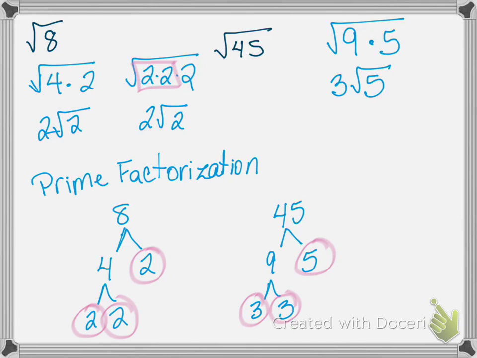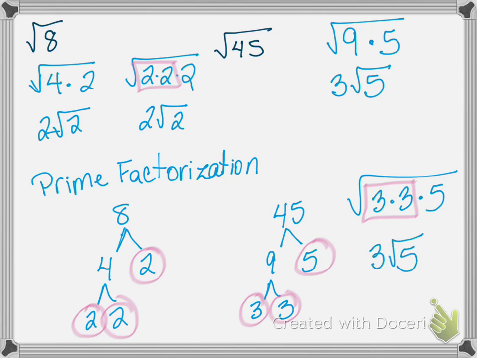So the prime factorization of this is 3 times 3 times 5, and that's inside a square root. I have a set of 3's inside the square root, so I'm going to pull 1 three out. So then I write it as 3 on the square root of 5. And you can do that either way. Either way is completely fine.